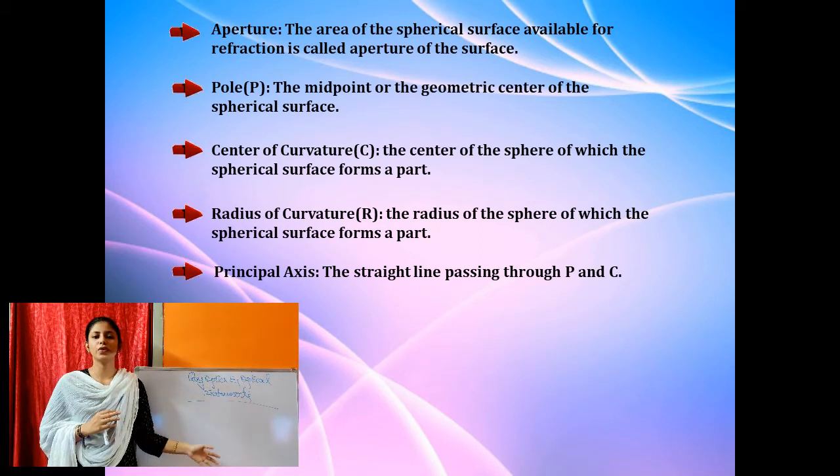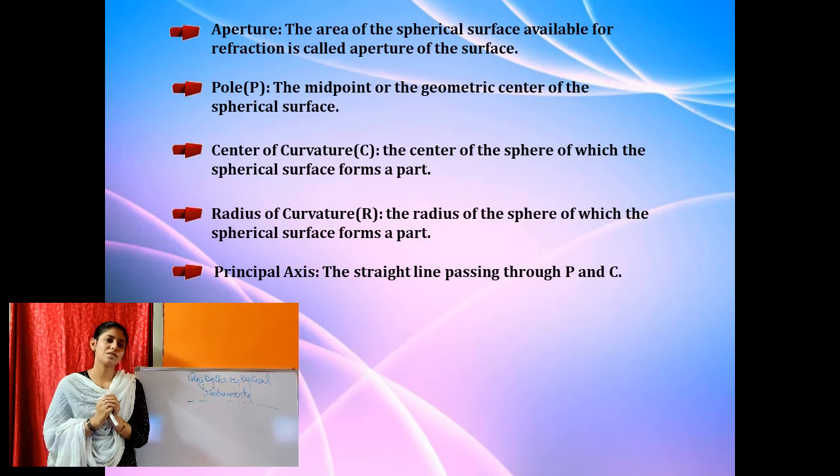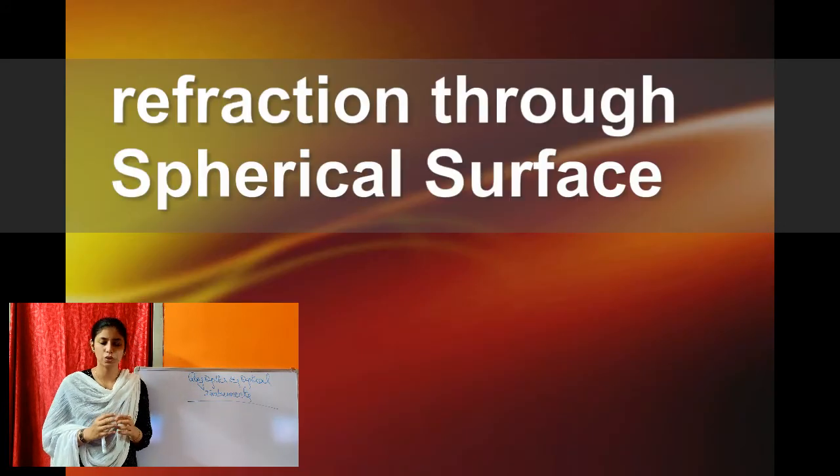These are the few basic definitions which we need in ray optics, particularly in case of refraction. In this chapter, a 5 marks question which they can ask is to obtain an expression for refraction through a spherical surface.